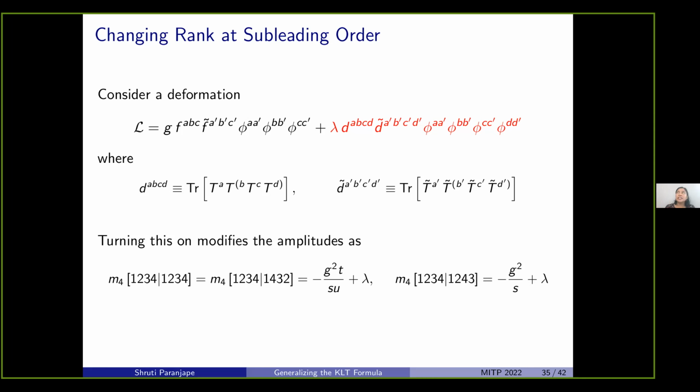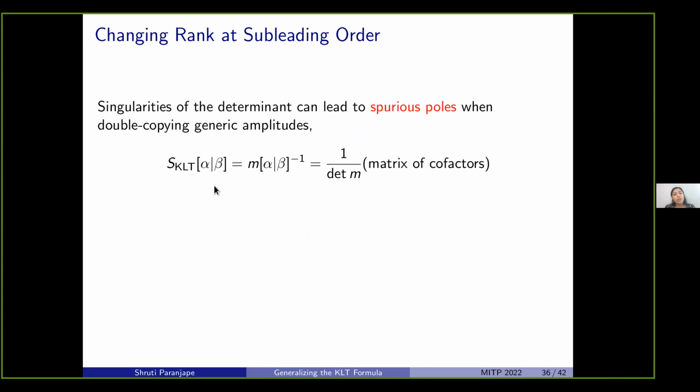Now, what could possibly go wrong if I did such a modification? I already hinted at the fact that what goes wrong is locality. So let's see why locality would be affected by changing the identity element. This basically happens because the KLT kernel is an inverse of a matrix, right? And so when you invert a matrix, you're doing 1 over the determinant times a matrix of cofactors.